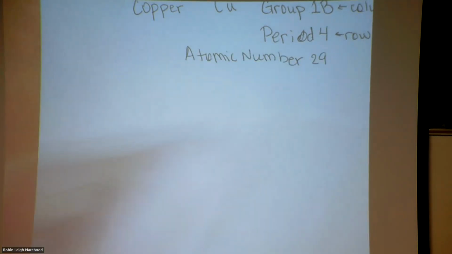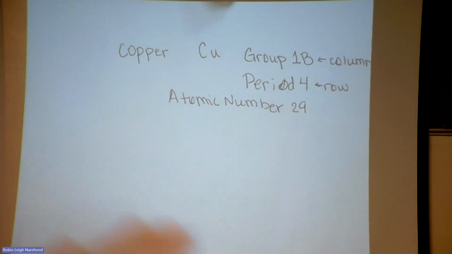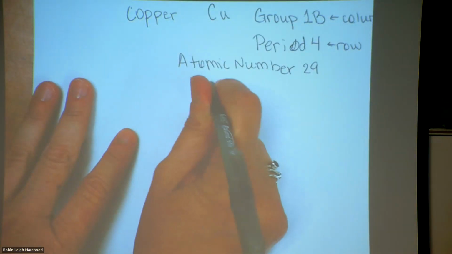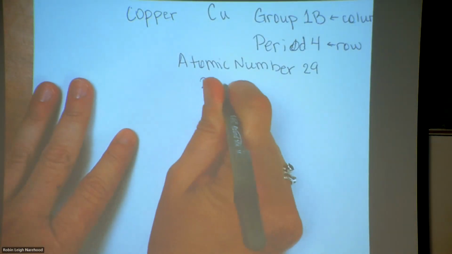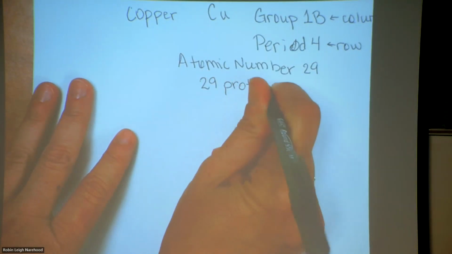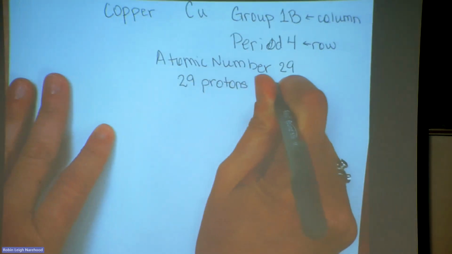So each one of the elements has an atomic number. That atomic number is equal to the number of protons. And those protons are in something called the nucleus.